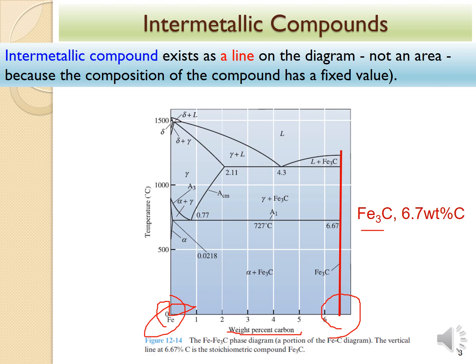That is the composition of this intermetallic compound iron carbide. It has a vertical line here on the phase diagram, not an arrow, because it is a stoichiometric interatomic compound. It has a fixed composition.